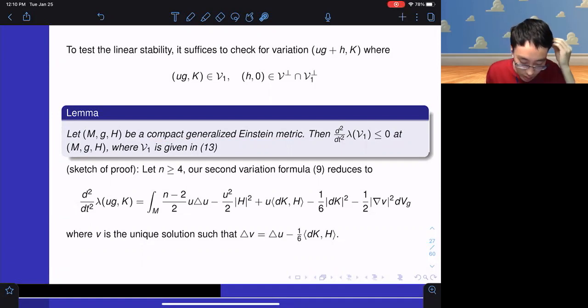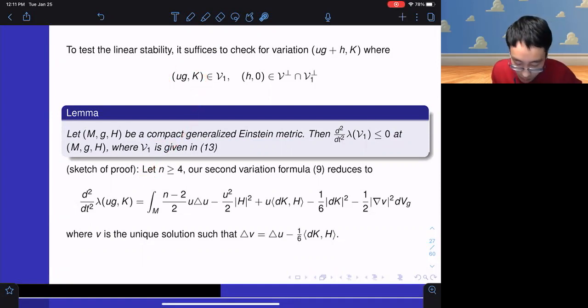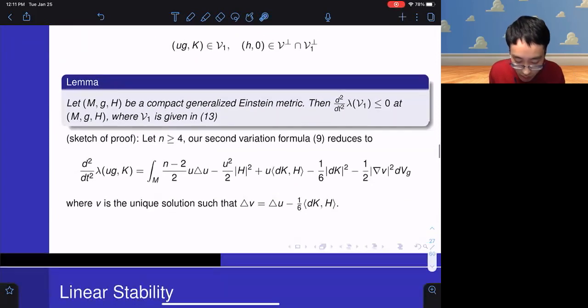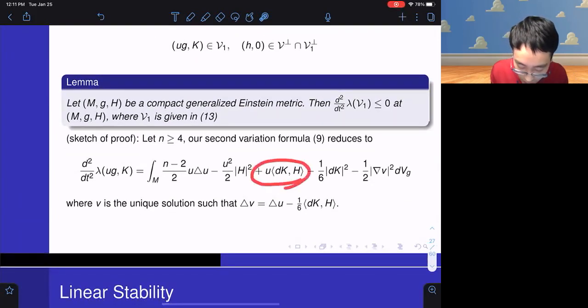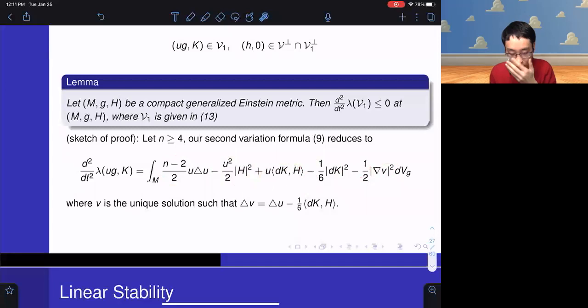So let me plug UGK into our second variation formula. This is what we derive. And here again, the bad term is the cross term. You can see that this is negative, negative, negative. Every term is negative except this one.